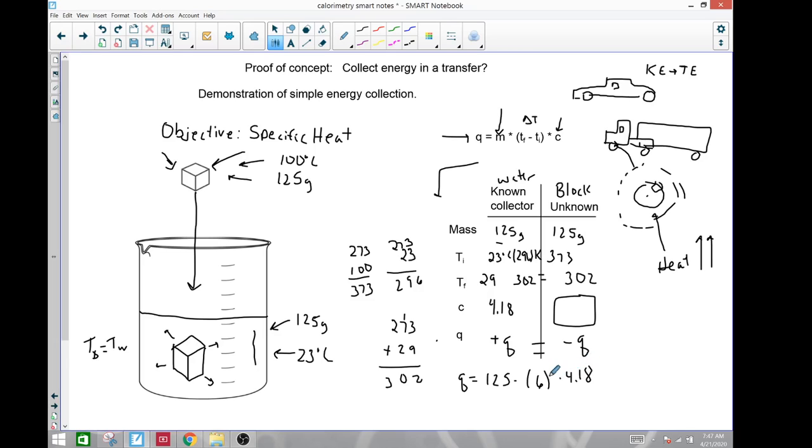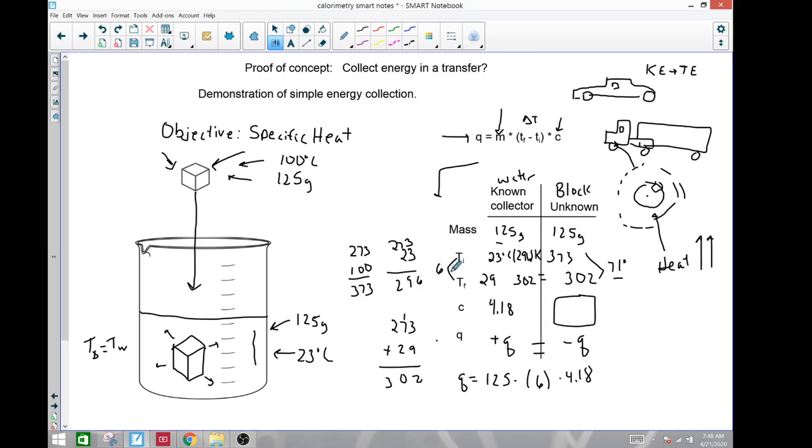Now, before I calculate that, notice a pretty interesting example here. The water changed 6 degrees. How much did this guy change? Looks like it changed 71 degrees. That's an excellent example of specific heat. Notice that we have the same masses.